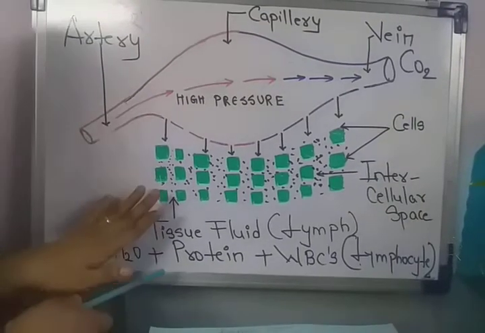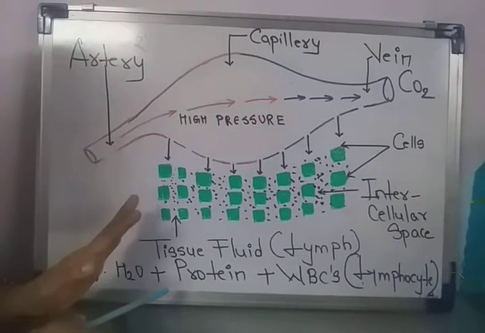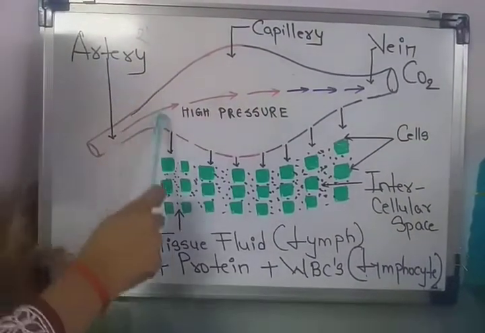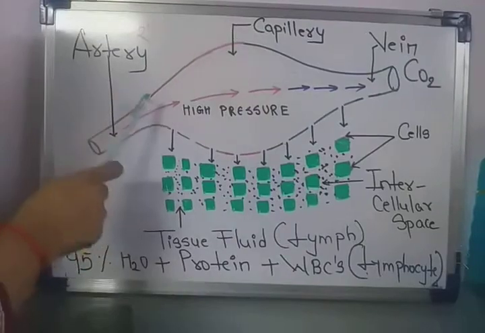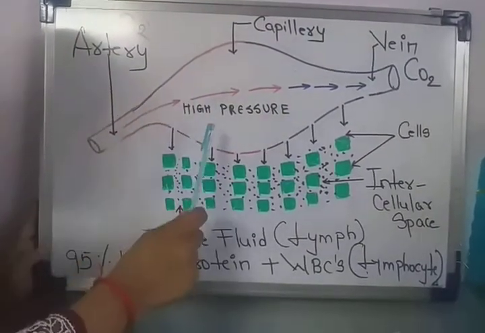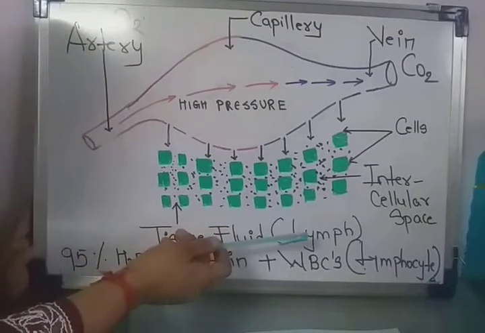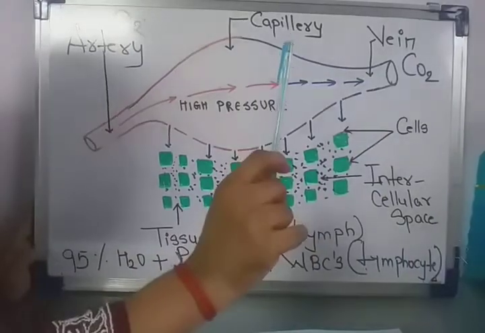So it also has to enter into the bloodstream. But it will not enter directly into the bloodstream because it is not in connection with the real capillary. Why? Because from the pores of the capillary, the fluid has oozed out. Now this fluid should again go back to the bloodstream.